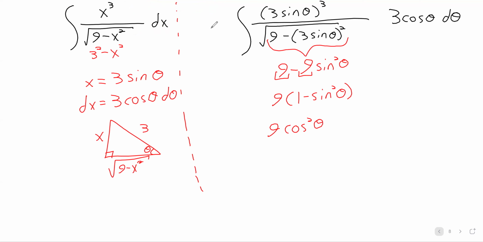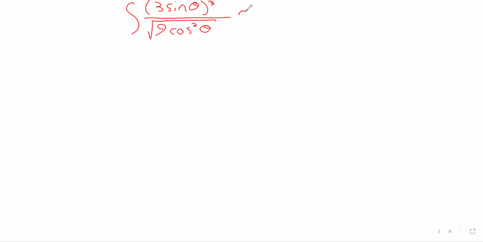So we rewrite what's under the square root. We do not forget that expression, 3 times the cosine of theta, 3 d theta. That top, well, whatever, we can leave it as it is for the moment.